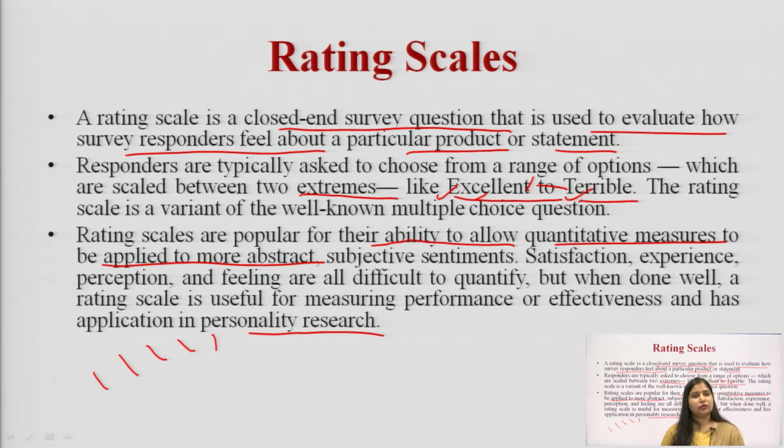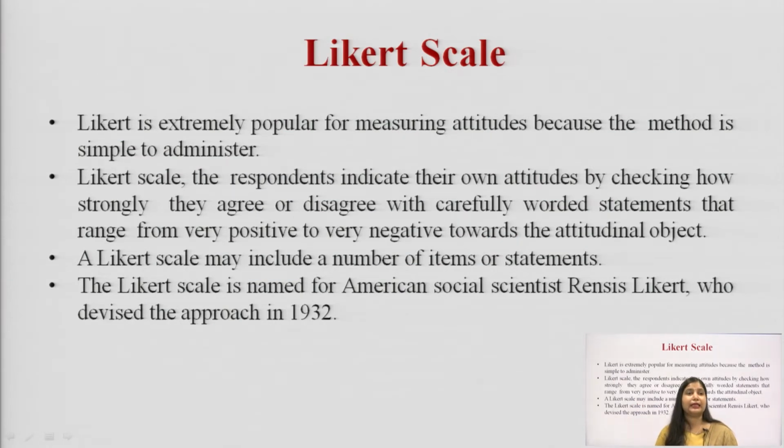We are going to study the different types of scales which are also kinds of rating scales. Now, the Likert scale. The Likert scale is also a kind of rating scale, and it is extremely popular for measuring attitude because the method is simple to administer. Most of the research at present is using the Likert scale.